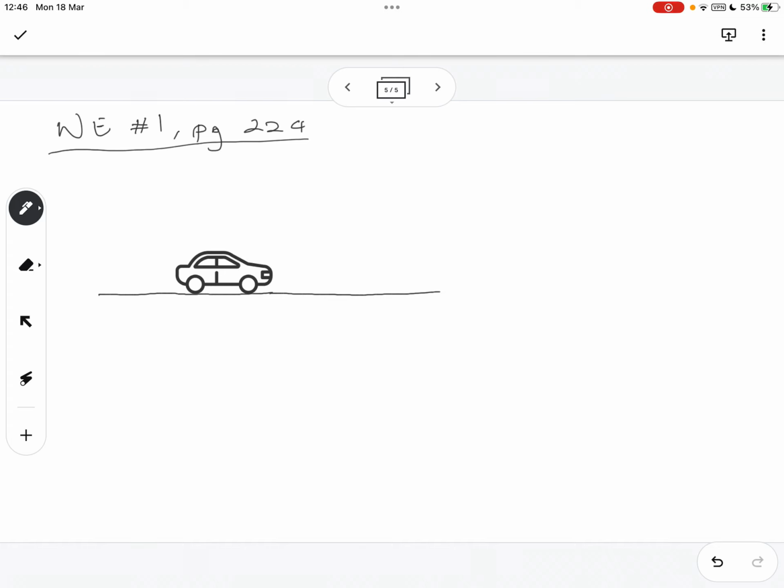For it to speed up, a force of 500 Newton is applied in the direction that the car is traveling in, so our theta is 0. We can put that down. And while it is speeding up, it covers a distance, delta x equals 20 meters.